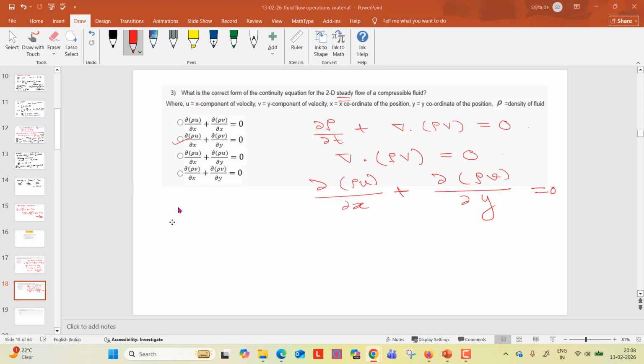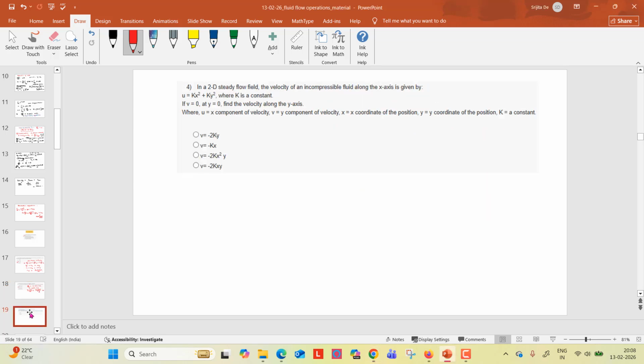Next, in a 2D steady flow field, the velocity of an incompressible fluid along the x-axis is given by u equals kx square plus ky square, where k is a constant, right? If v equals 0 at y equals 0, find the velocity along the y-axis.